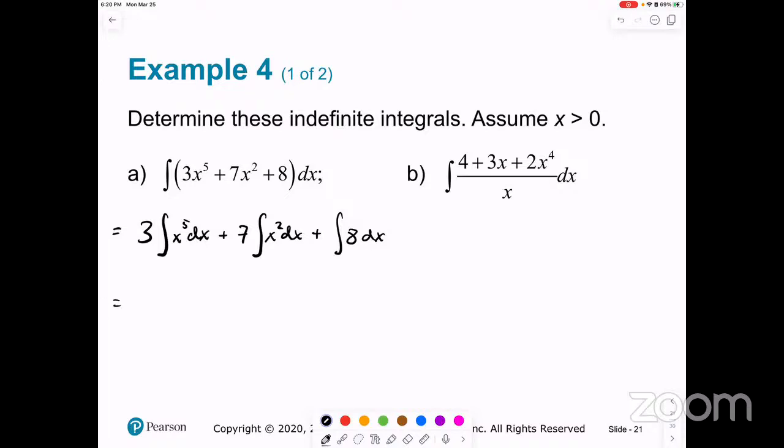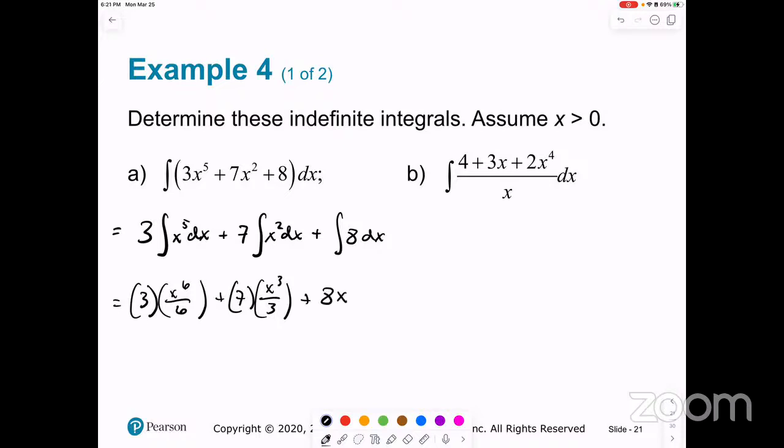So we're going to have 3 times x to the 6 over 6 for that. Now, normally we're going to say plus c, but we can combine all the c's at the end. So the next one, x squared, is going to become x cubed over 3. And the integral of a constant is going to be that constant times x.